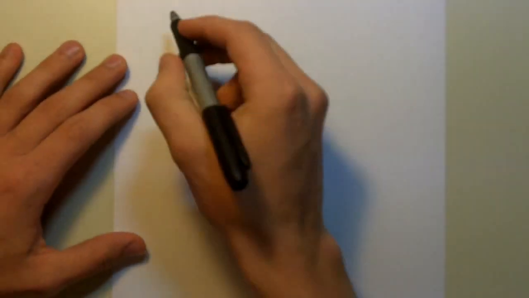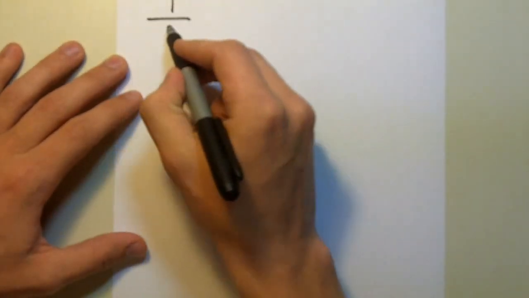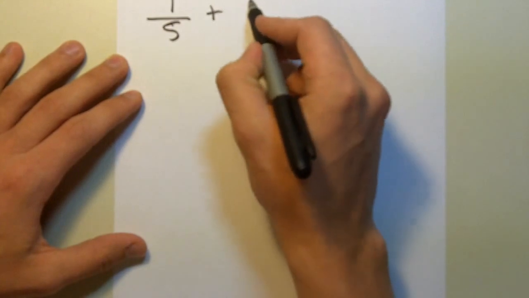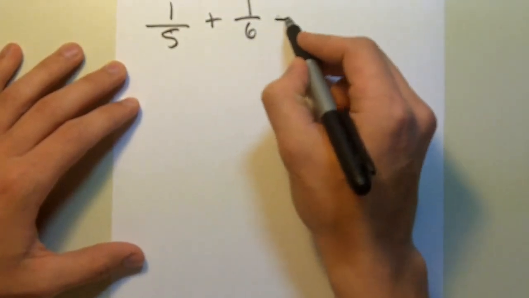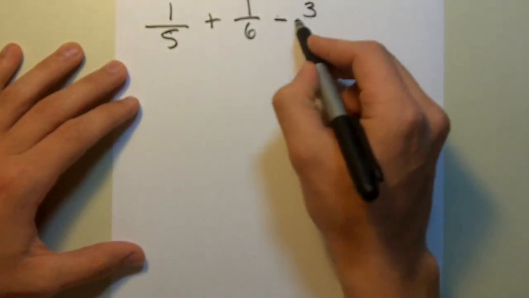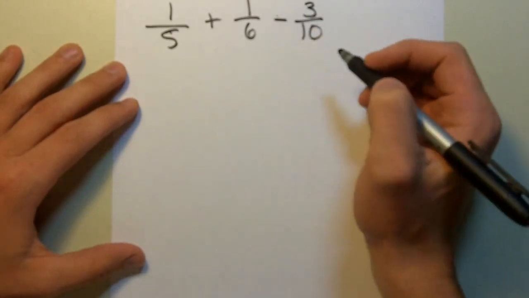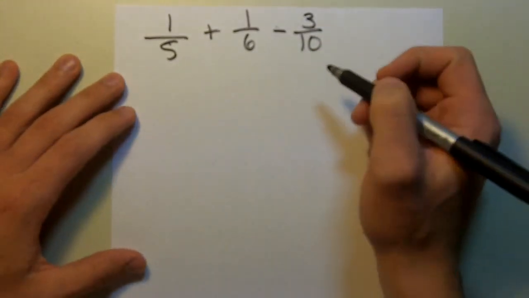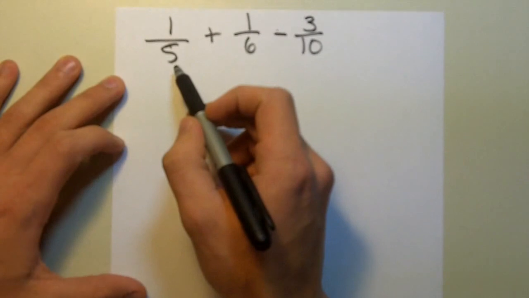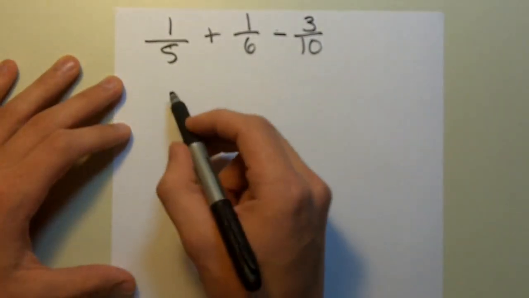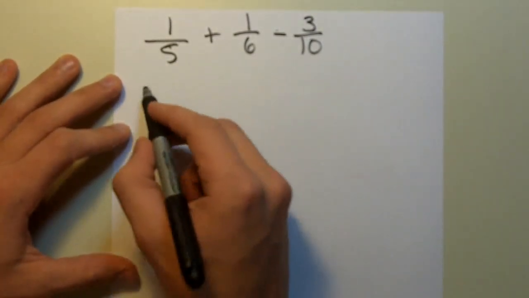Now, say we had a little bit more complicated one. Well, maybe not more complicated, but just more fractions here. 3 over 10, how about? Alright, that seems good. So we're going to break down all of these denominators and see what the product of their prime factors are.